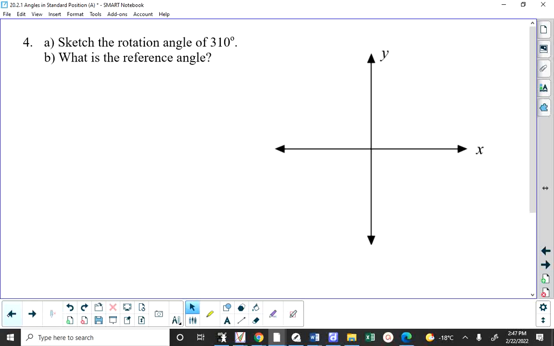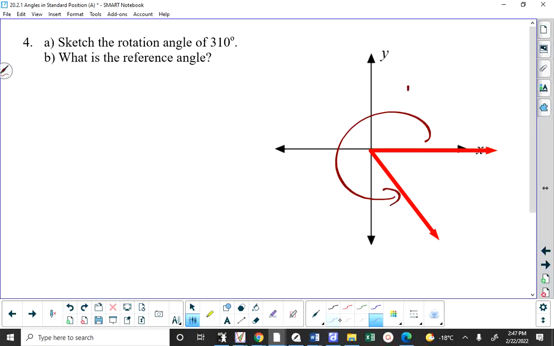Okay. If you do, then be very careful. It's going to look approximately like that. Write this down first, theta equals 310 degrees. Be very careful that you don't drill into your head that 40 degree angle, because the 40 degrees is not the reference angle, right?